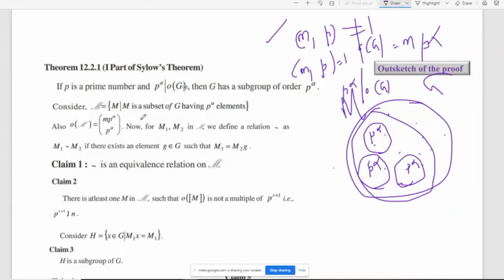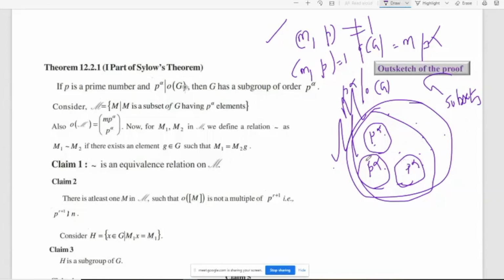So first, I consider all the subsets of G which consist of p^α elements, and put that collection and name it script M, because each one being a subset, we'll have to use only script M. So script M is the collection of all subsets of G having p^α elements.